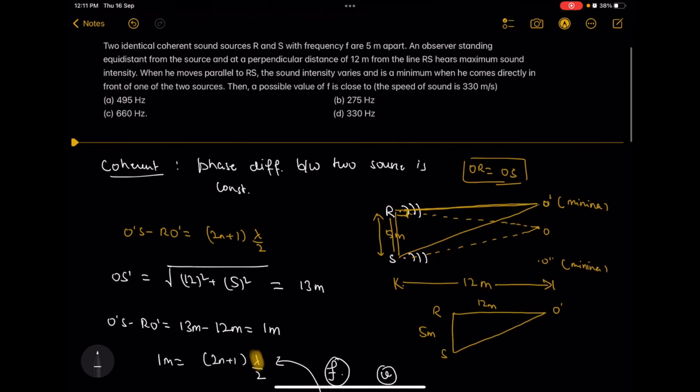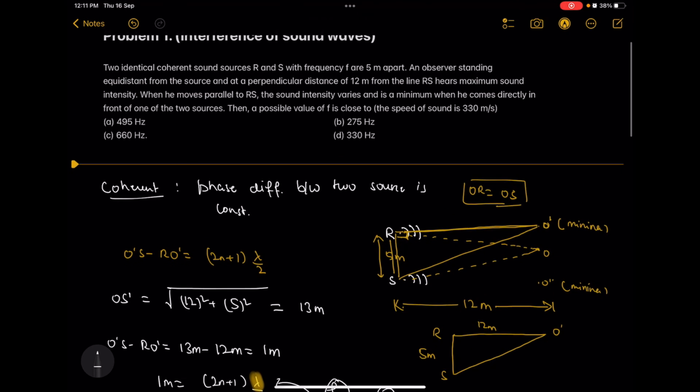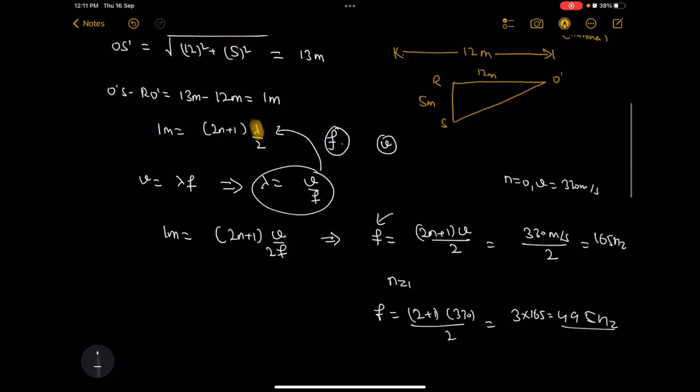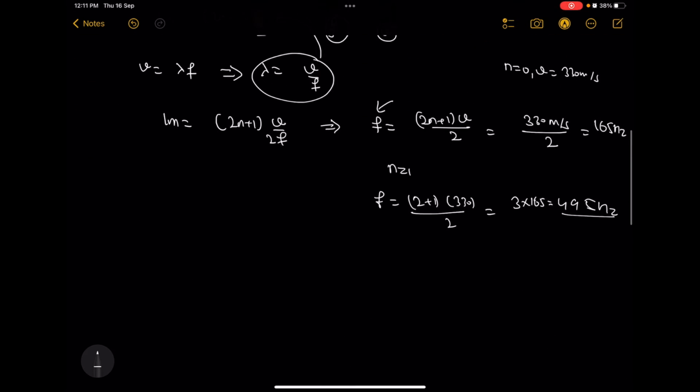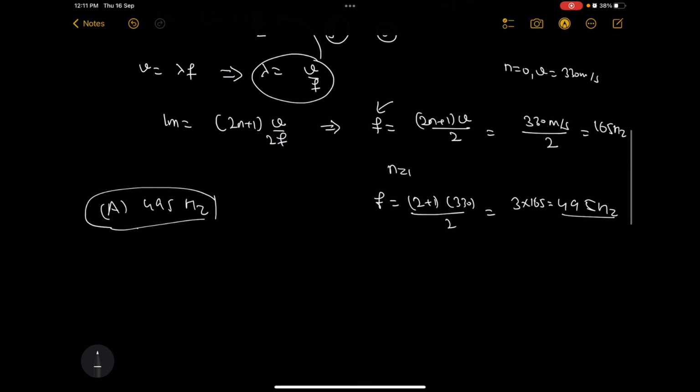And yes, here is the answer, option A. So option A, 495 hertz, is the correct answer.